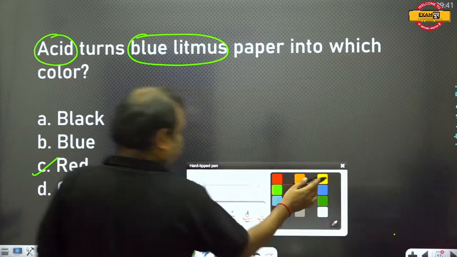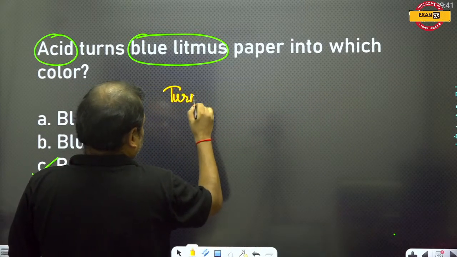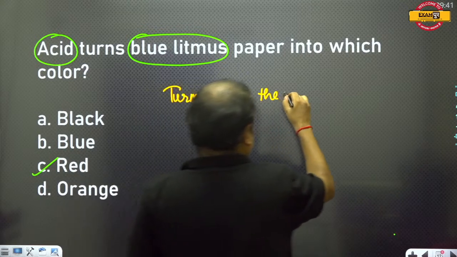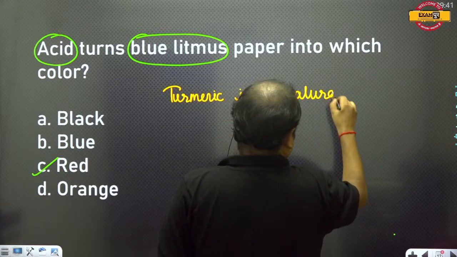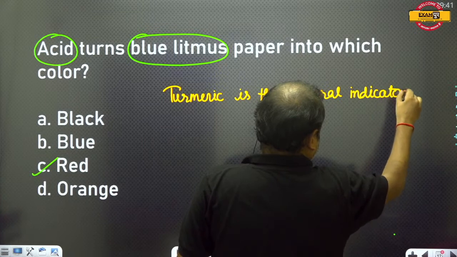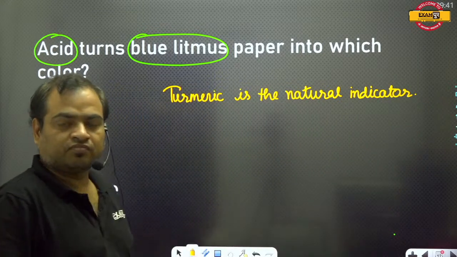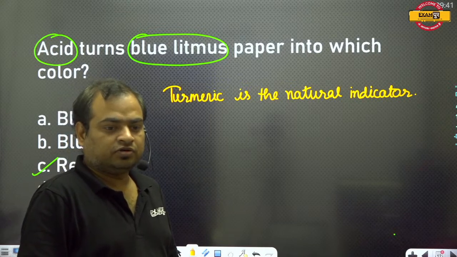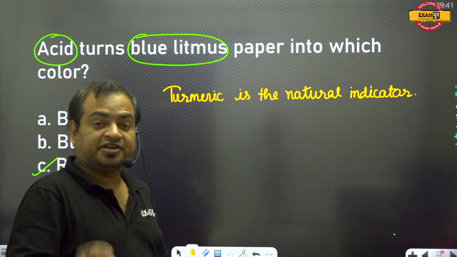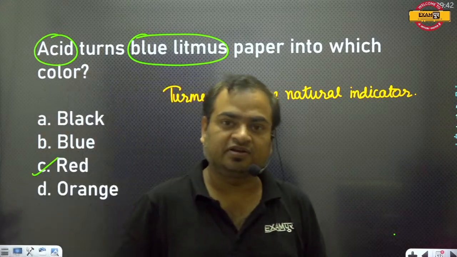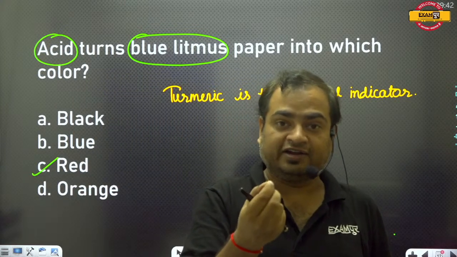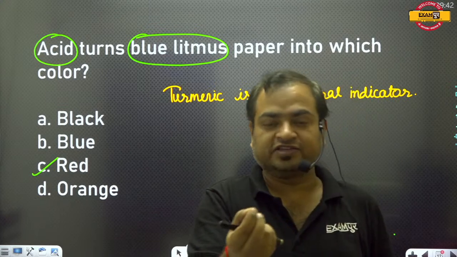Yes, turmeric is the natural indicator. If you mix some base into the turmeric, turmeric becomes red. On Raksha Bandhan, my sister asked for some turmeric and a few grains of rice.